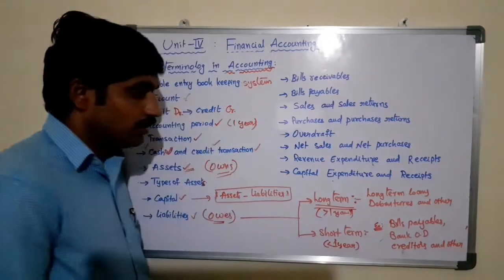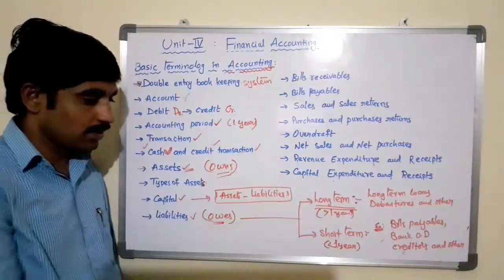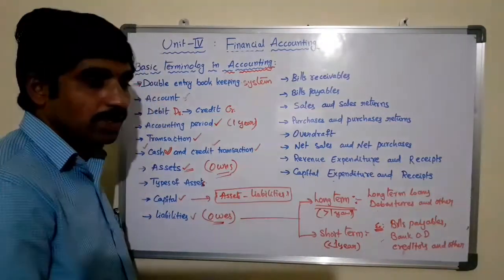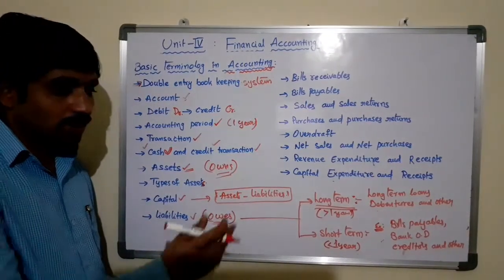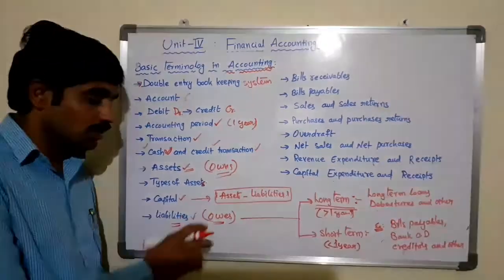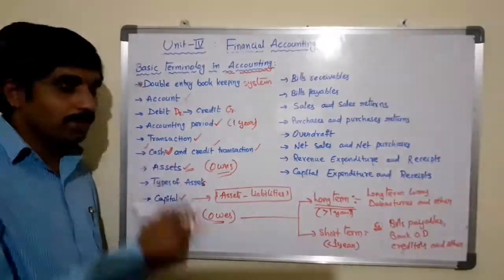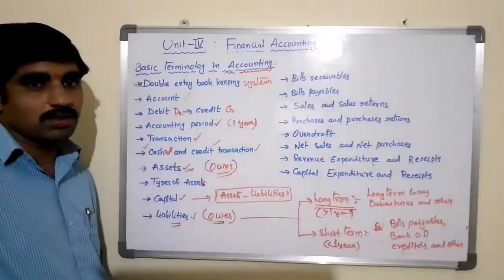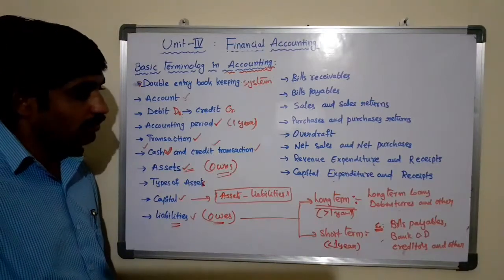Any liability which will be paid within 1 year comes under short-term liabilities, and any liability paid after more than 1 year comes under long-term liabilities. Simply, liability is a woe to the business, the amount that we need to pay to outsiders.